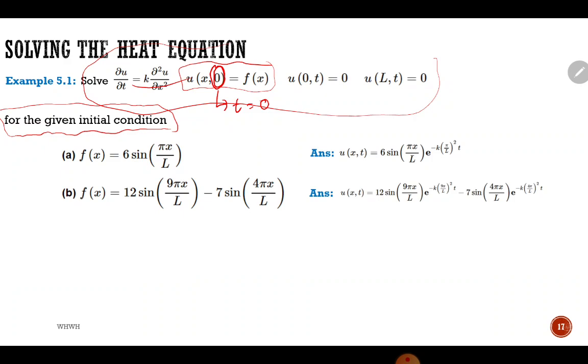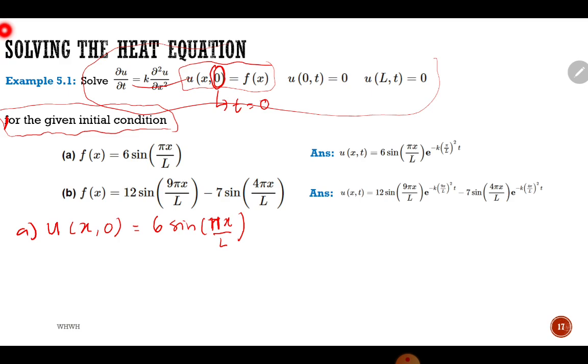So maknanya kat sini kita punya condition u at 0 untuk A adalah equals to 6 sin pi x over L.